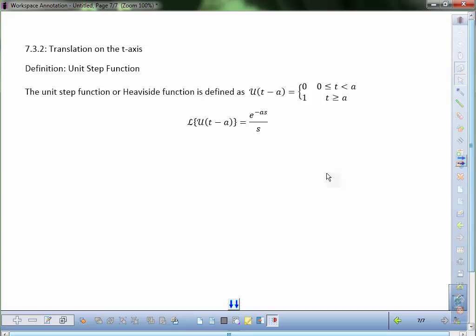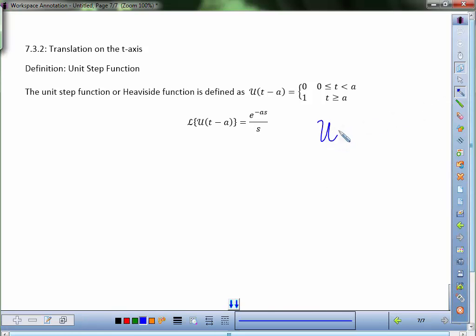And so we're going to call it script U, capital U. So the script U of t minus a is going to be our translation in the T world.